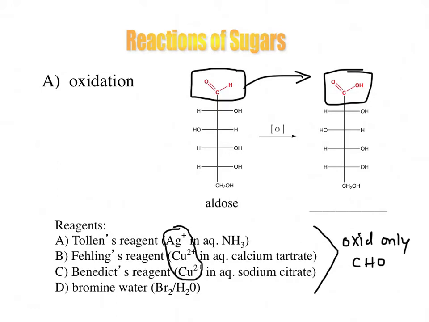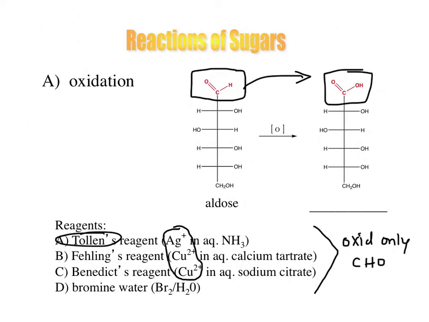And these oxidations are actually done where you put the sugar in a test tube, you add a little bit of, say, Benedict's reagent, shake it up, and you watch it. You just look for results that show you if there is an aldehyde. So let's say there's an aldehyde, and let's use Tollens right there. I have the sugar, and I want to know, okay, is it an aldose or a ketose? Well, I put the sugar in a test tube.